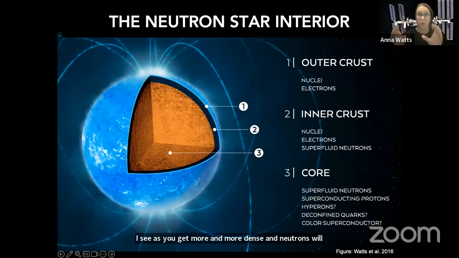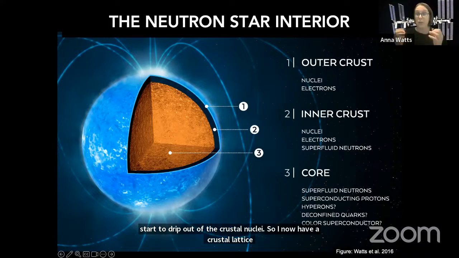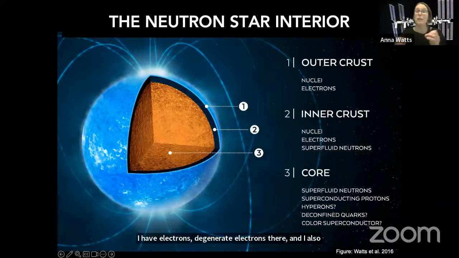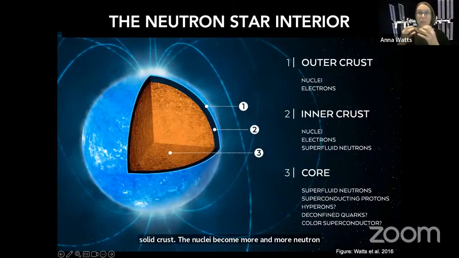So I now have a crustal lattice, degenerate electrons, and also free neutrons, most likely in a superfluid state. And that is a whole other talk about superfluidity. I continue going deeper and deeper into the solid crust. The nuclei become more and more neutron-rich still, more and more free neutrons, and eventually they will start to merge into each other at the base of the crust. And that is where we come into what we know as the core.